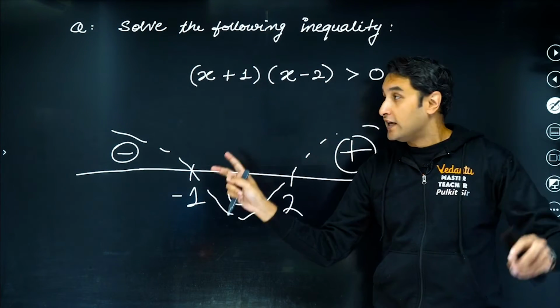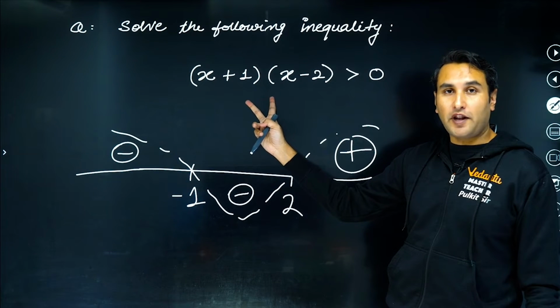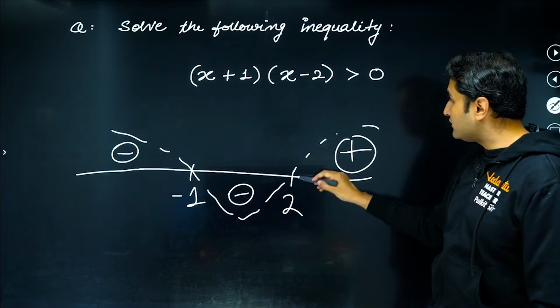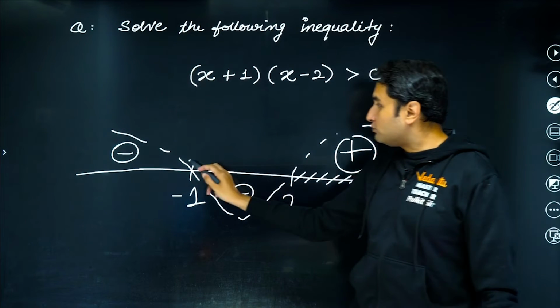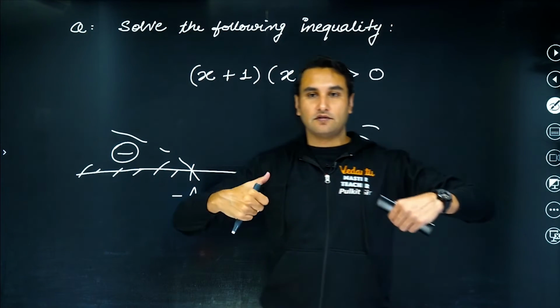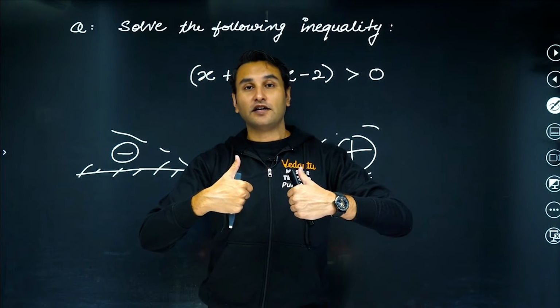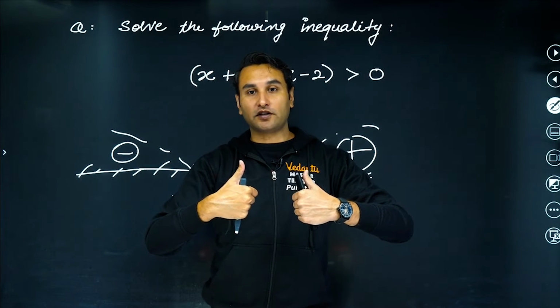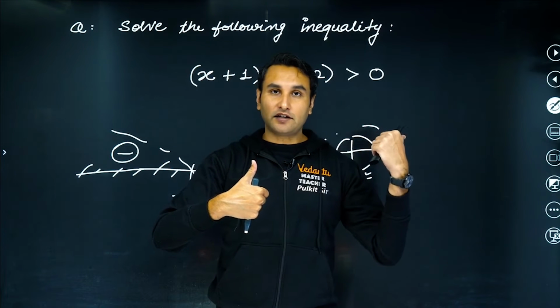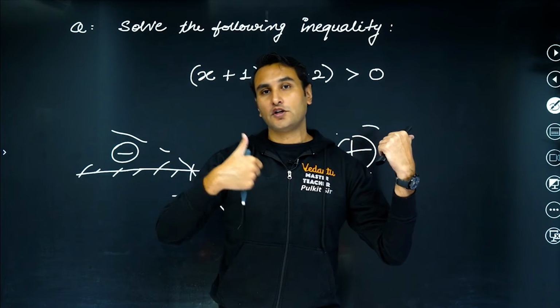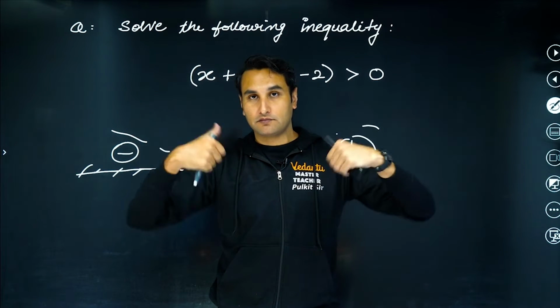Remember it now. Whenever two factors are getting multiplied, when are they greater than 0? On both the sides of the roots. Look at me. When their product is positive, it is to the right of the bigger root and to the left of the smaller root.